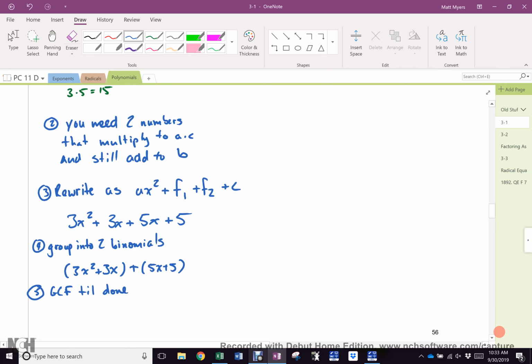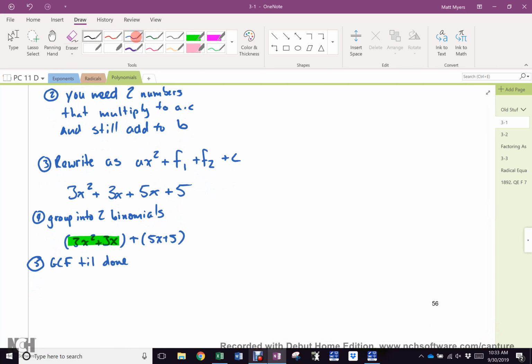So, what is the GCF in the green factor? 3x. 3x comes out and it leaves in there x plus 1, yes? What is the GCF in the pink factor? Plus 5, and that leaves in there x plus 1. Now, is that a factor? Are they both common? So I GCF again, x plus 1, 3x plus 5. Because there is the common factor, and there are the answers.